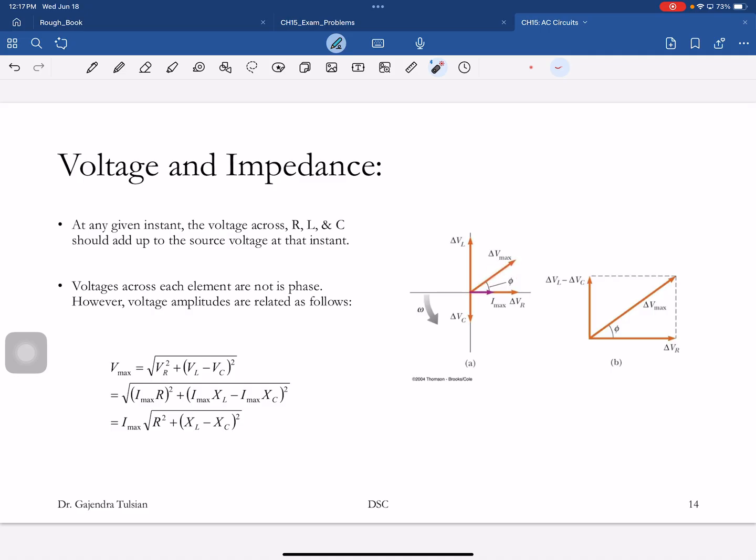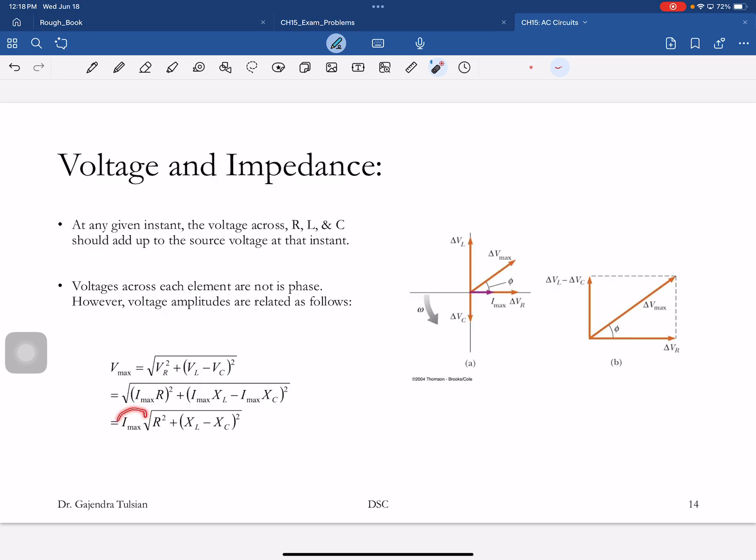So V max, there's the x component of that vector, and the y component of the vector is this minus that. So V max is the square root of VR square plus VL minus VC squared. VR, the amplitude of the voltage across the resistor, is the amplitude of the current times R. VL is the amplitude of the current times XL, minus the amplitude of the current times XC.